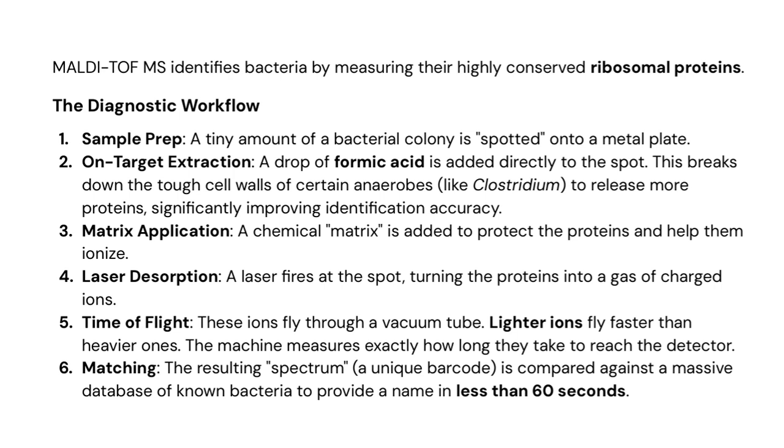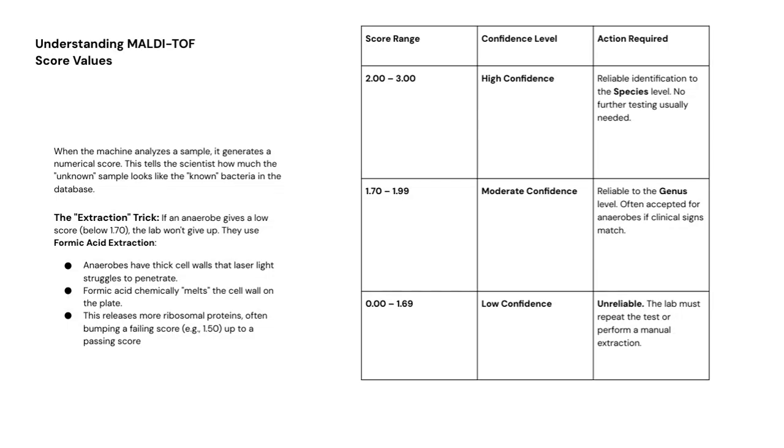A laser then fires, turning these proteins into charged ions. These ions race through a vacuum tube, lighter ones faster than heavier ones. Finally, the machine matches this unique ion pattern against a huge database, giving us a bacterial ID in under a minute. When the machine analyzes a sample, it gives us a numerical score.